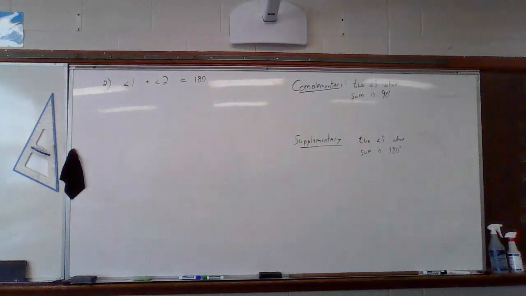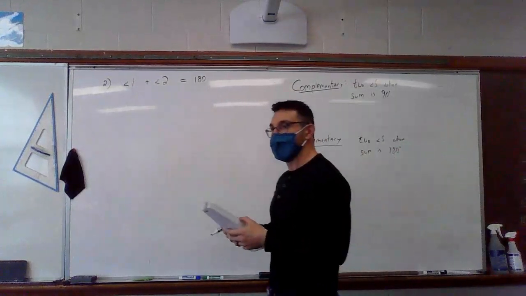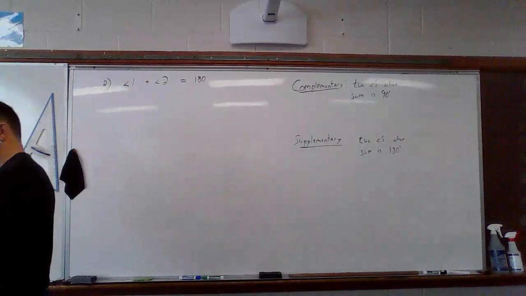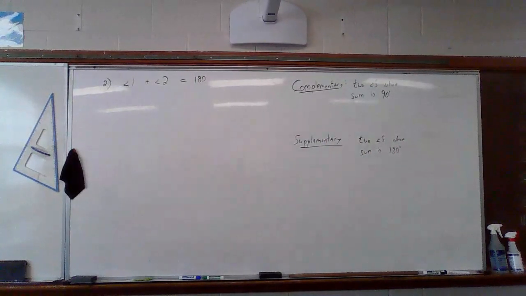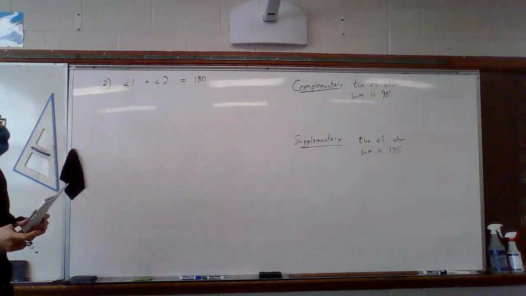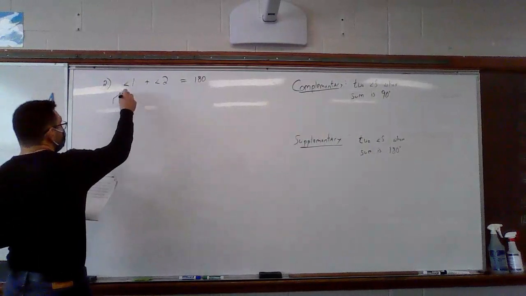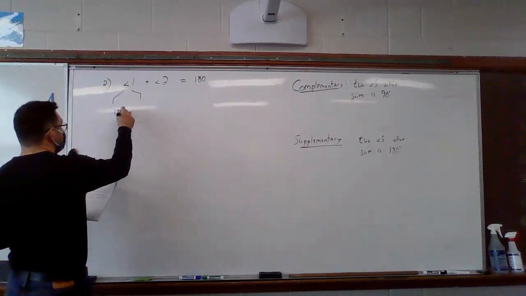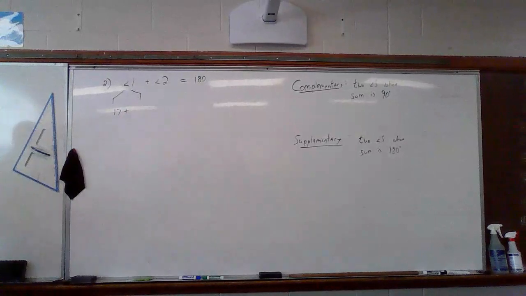So go back to where I gave you that sheet that had the word problems. It says word problem keywords. I gave it to you, I want to say on Tuesday of last week, maybe? Katie? Addition. So angle 1 is 17 plus. And then it says 3 times the number.